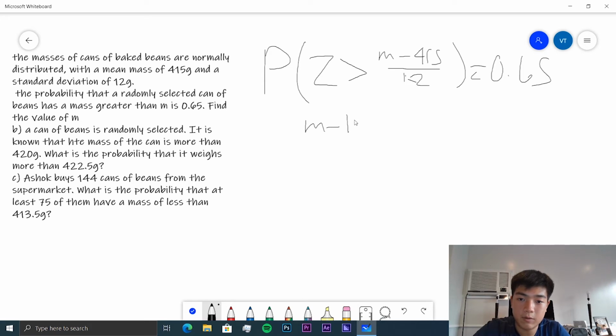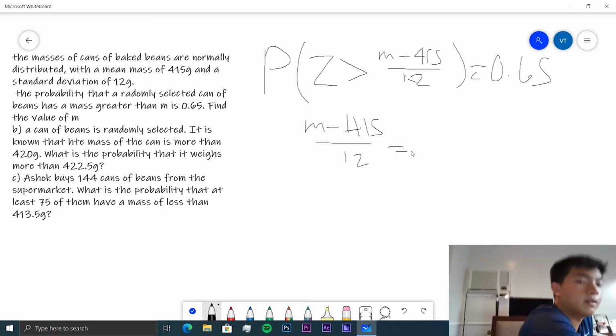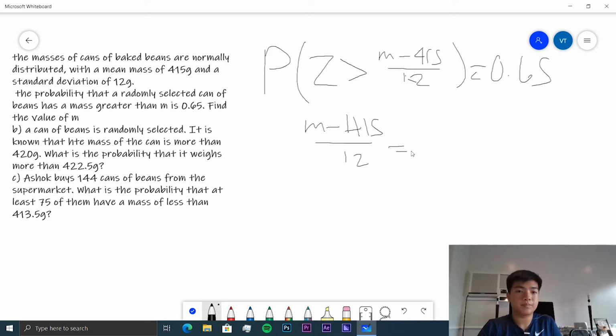So (m minus 415) over 12 is equal to, I get that as around 0.386.